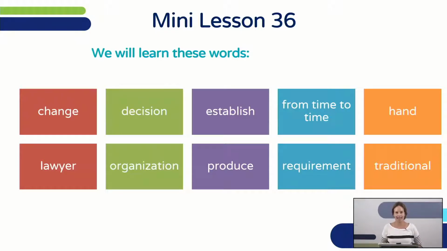Number 5, hand. Number 6, lawyer. Number 7, organization. Number 8, produce. Number 9, requirement. And finally, number 10, traditional. All right?